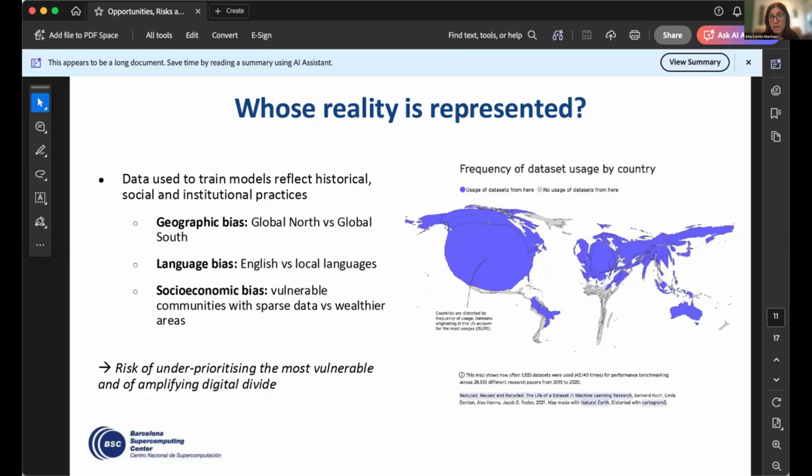There is also a language bias because most of these data sets are English-centric, and then we are leaving out local languages, and we can also lose knowledge about local contexts. And there is also a socioeconomic bias, again, with these global south and global north disparities.